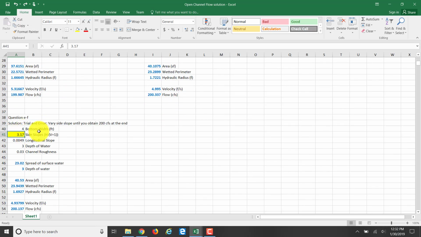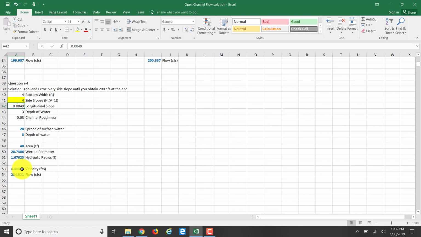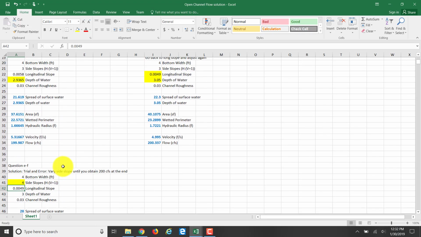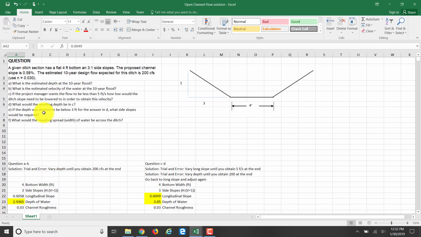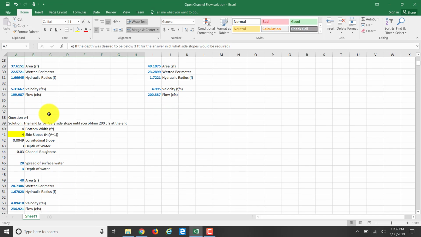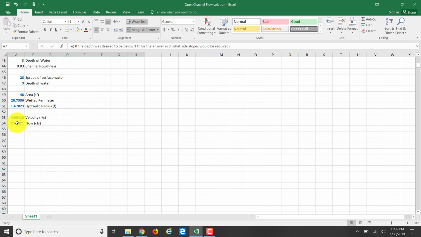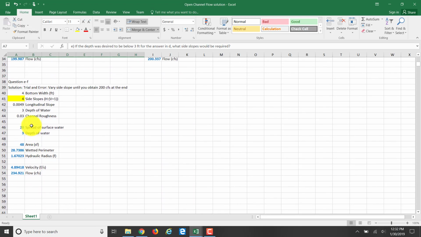And I could have gone to, this really is looking at 4. I do 4. Well, that doesn't give me what I want, because what I'm looking for is I want to keep the depth below 3 feet, but I just need to have 200 cubic feet per second.